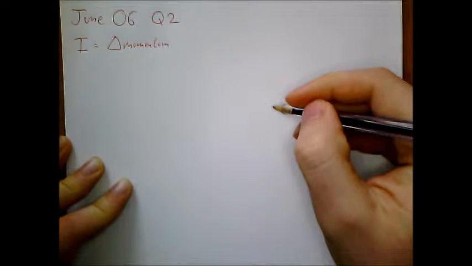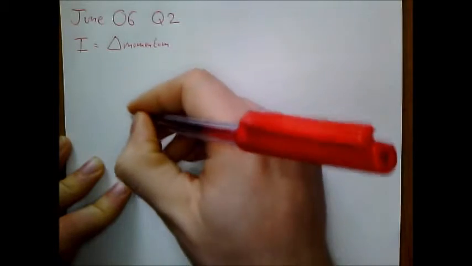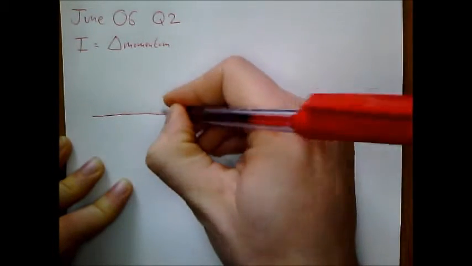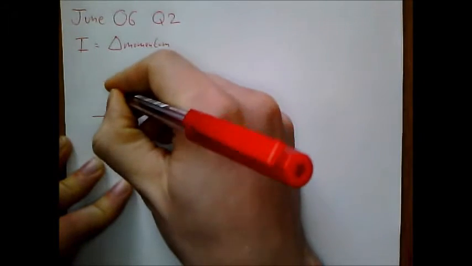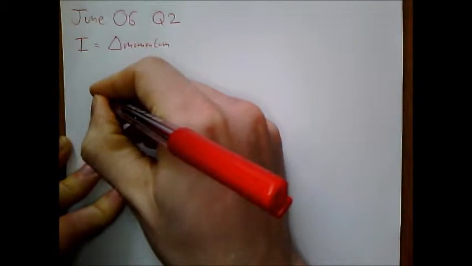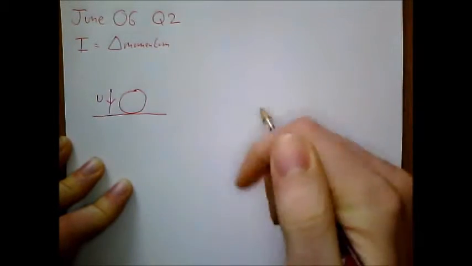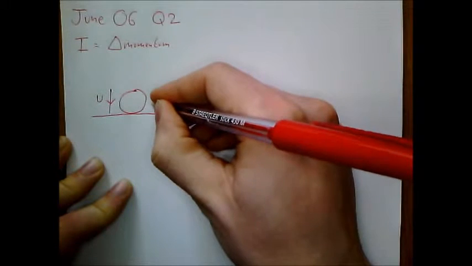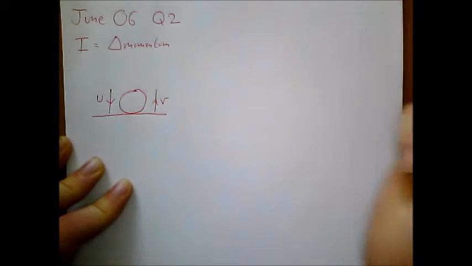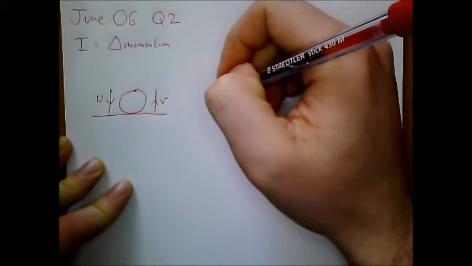We have a particle that falls and it hits the ground at an initial velocity u, and it's going to rebound with a new velocity v.